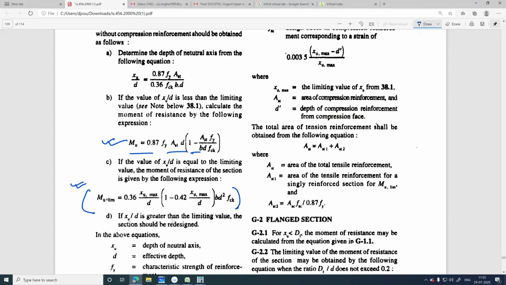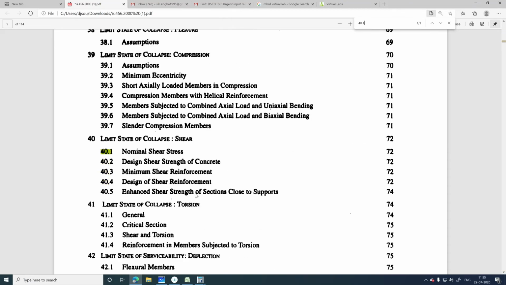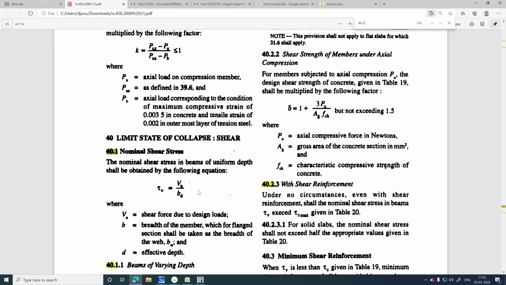So this is the clause number 40.1, for the nominal shear stress. Tau V, the nominal shear stress, is equal to Vu by Bd. Vu is the shear force, and you can determine the value of Vu by WL by 2. You know the value of W, in our case we will consider the 24, the factored load which is coming to the waist slab, and L is the effective length, that is 6230. So let's put the values.